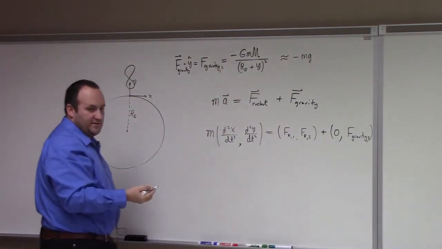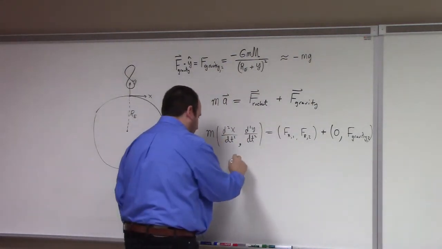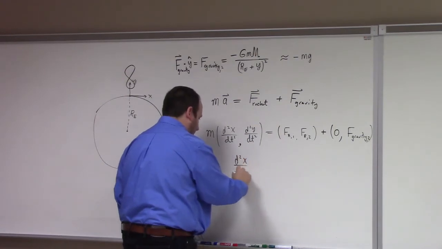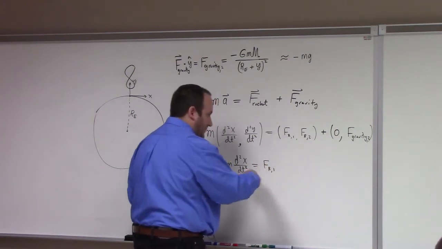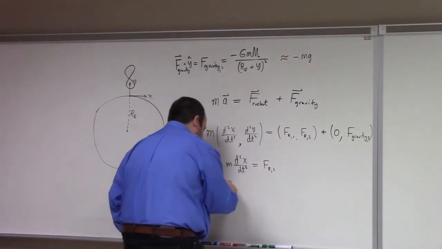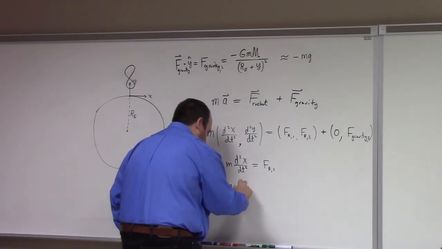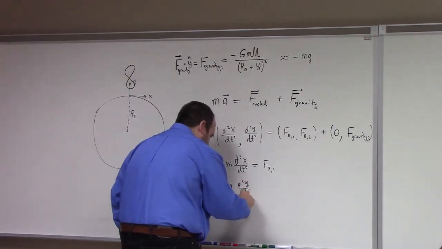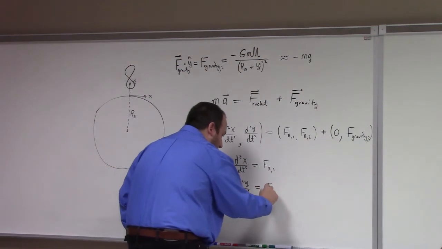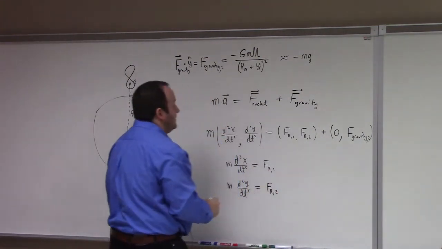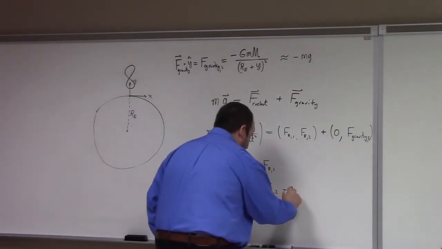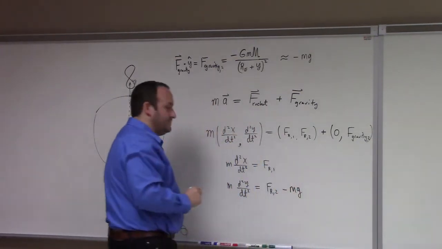So you've got to solve equations, right? You've got d squared x dt squared times the mass of the rocket equal to the thrust force of the rocket. That's your x equation. Your y equation, d squared y dt squared times the mass, would be the y thrust of the rocket, and then, the simplest thing would be just minus mg.